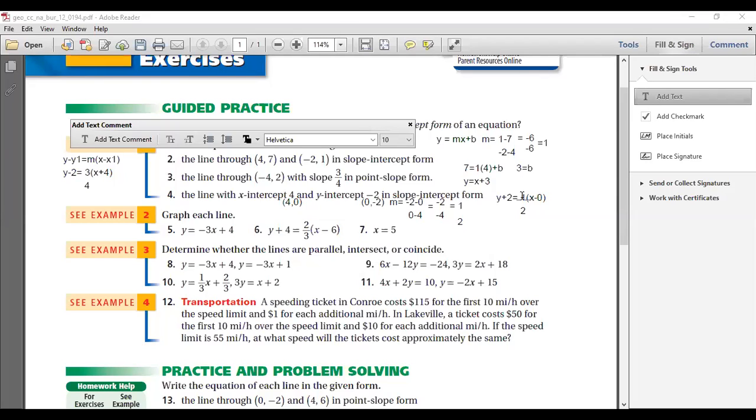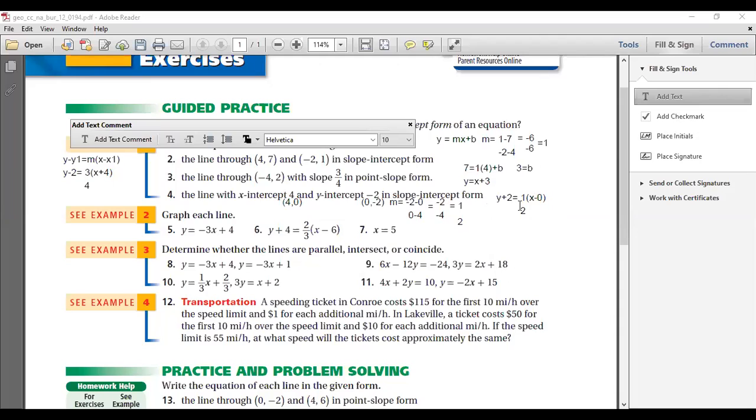So as we have here, y plus 2, this is now in the point slope form, but the question says we need to write it in slope intercept form. So what we are going to do is change this back into slope intercept form. So what's the formula for slope intercept form? That's going to be y is equal to mx plus b. So we need to change this whole thing into the form y is equal to mx plus b.